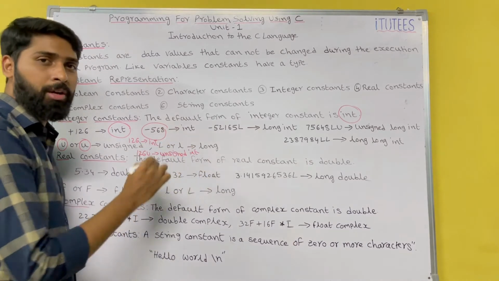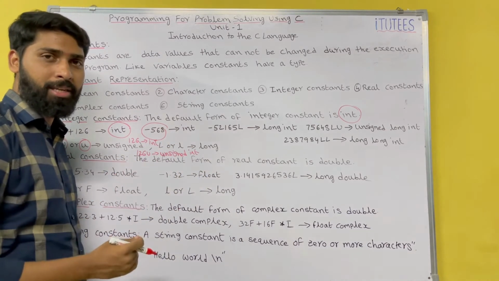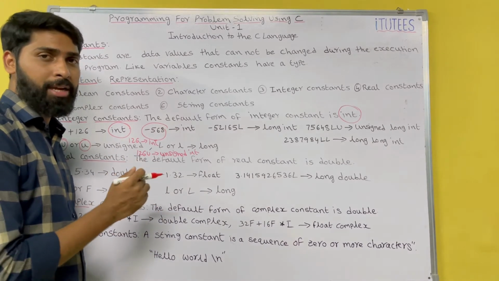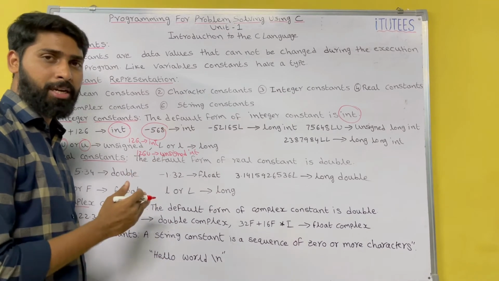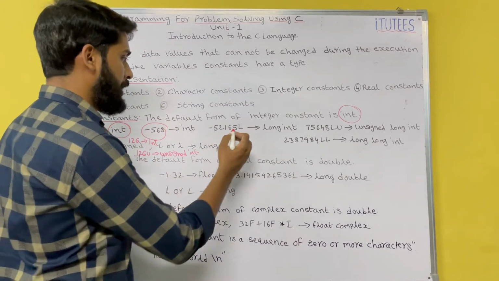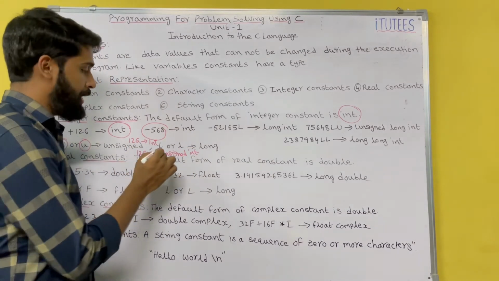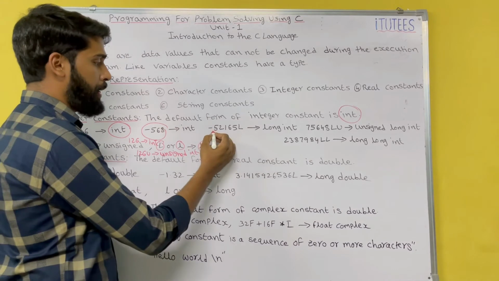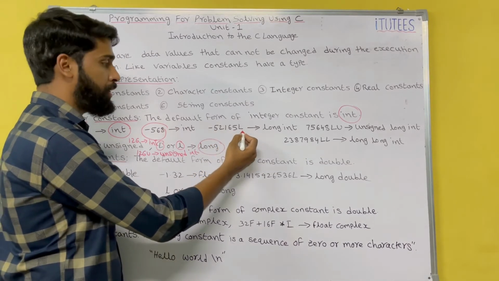I hope you all know what signed and unsigned integers are. Signed integer means the integer has a sign, plus or minus. Unsigned means only positive numbers. And similarly, L or capital L, these two represent long. So minus 52165 L, what does it mean?